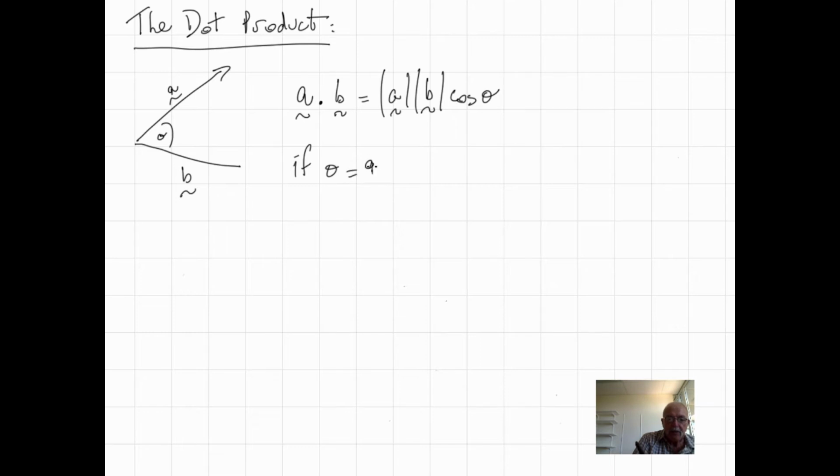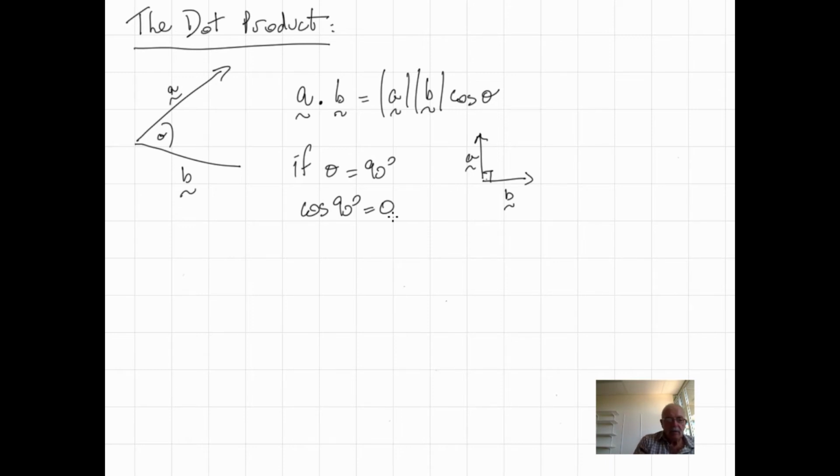theta equals 90 degrees, that means we're going to get this sort of scenario. So we've got A and B, and we've got a right angle in between them. We know that the cos of 90 degrees is equal to 0.